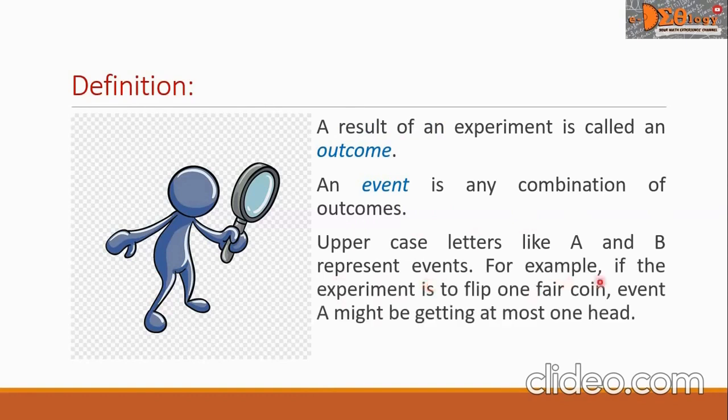For example, if the experiment is to flip one fair coin, event A might be getting at most one head. The probability of an event A is written P of A.